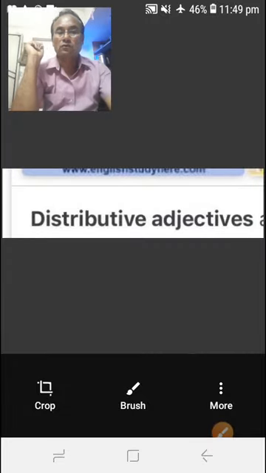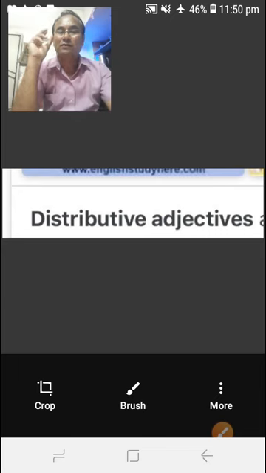Now, what is a distributive adjective? Let's see. These types of adjectives are used to point out or specify a particular type of objects or members, like every, each, either, neither.